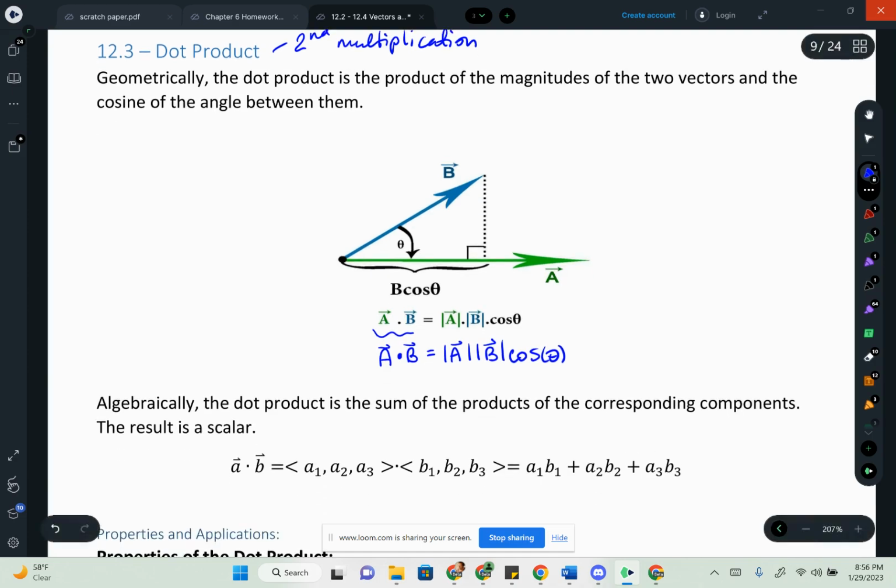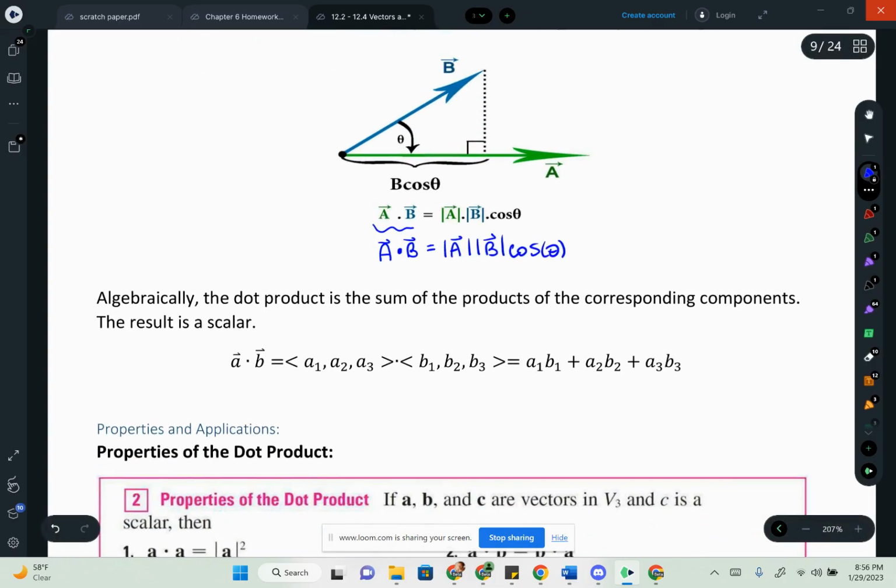Algebraically, we don't need that much information in order to calculate a dot product. If we know the components of the vectors A and B, then when we're finding the dot product right here, we're going to take the first component of A and multiply it with the first component of B. That's our first product.